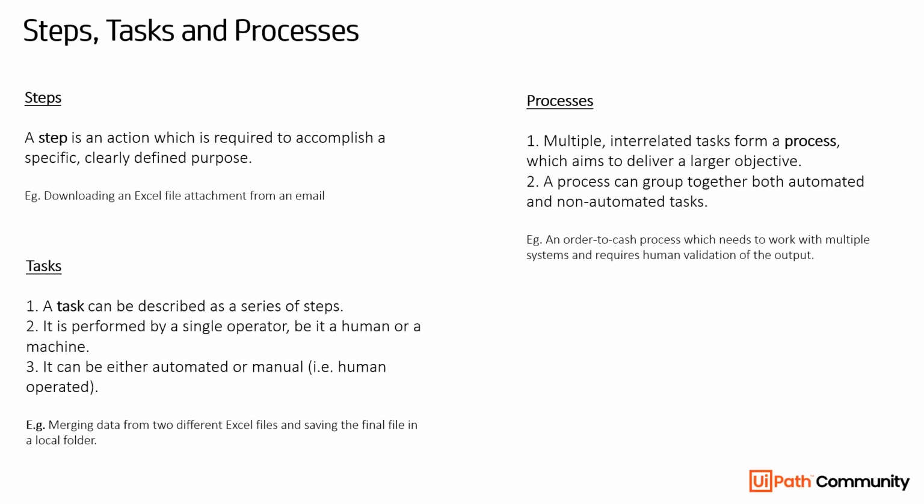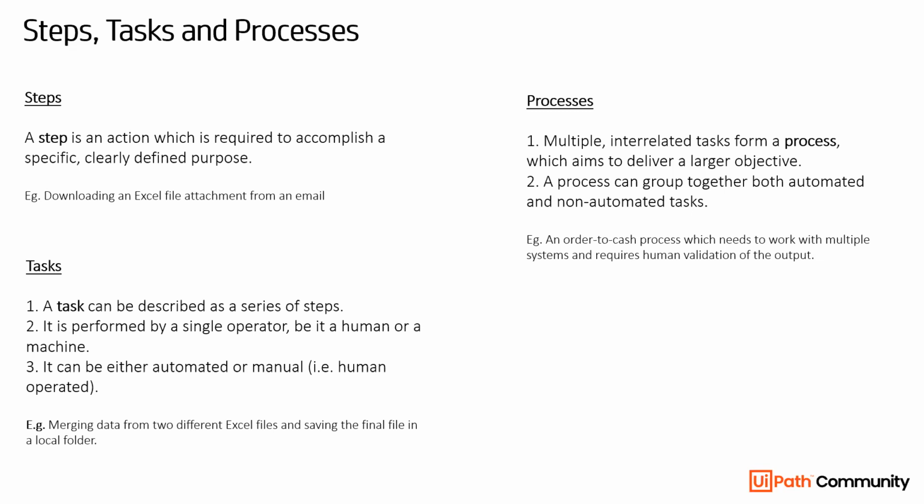But when you see the task, this is nothing but a subset of the entire process. You will find it describes a series of steps which give some resolution or perform some kind of automated task, which is meaningful, achieving some scenario. Let's say merging two Excel files and saving into a final draft, or maybe you are just downloading all the attachments from an Outlook email, or maybe you're prioritizing the email based on some content.